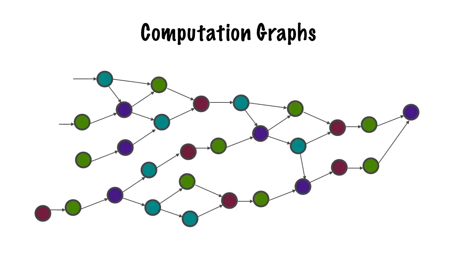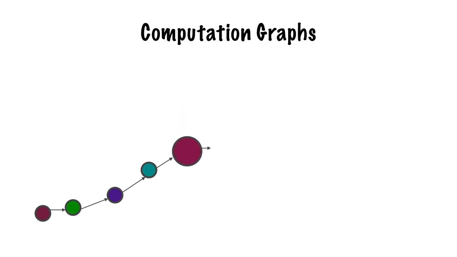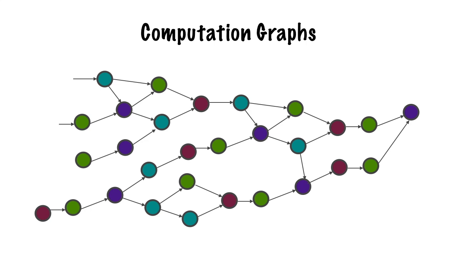Let's now turn our attention to lazy evaluation and the distributed nature of computation graphs. To understand how this is possible, let's zoom in on a couple of nodes. Virtually any node in a directed acyclic graph can be thought of as the output node of a smaller directed acyclic graph. That smaller directed acyclic graph consists of all of the dependencies of that output node.